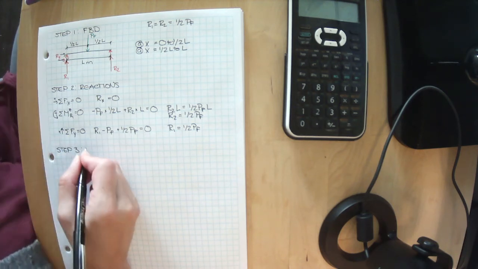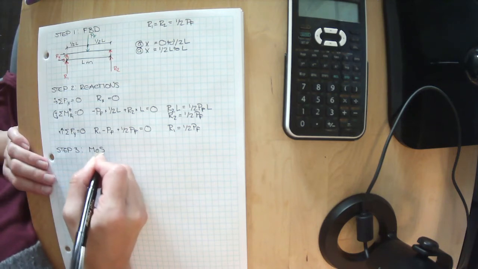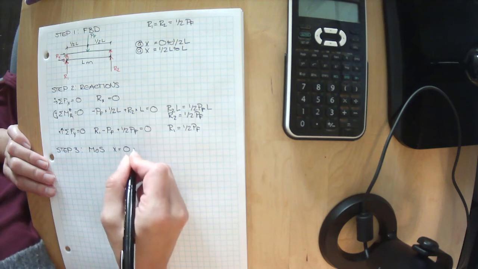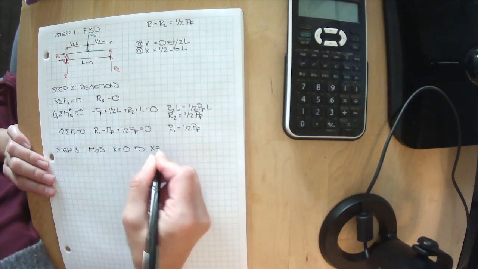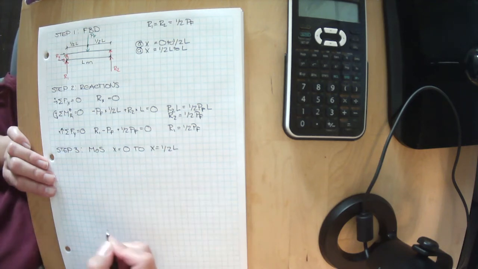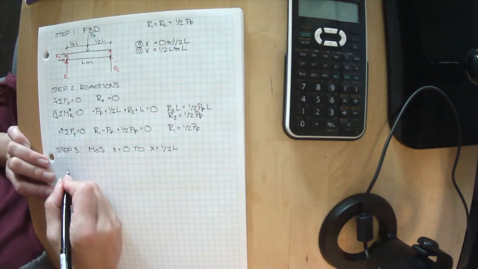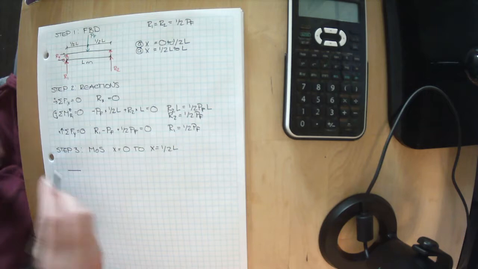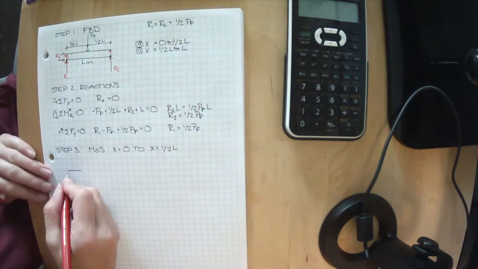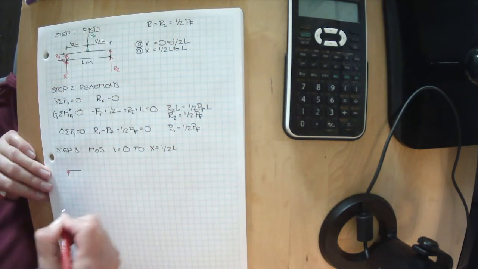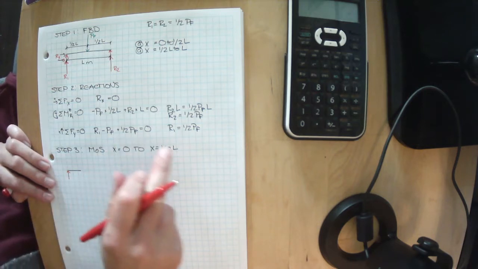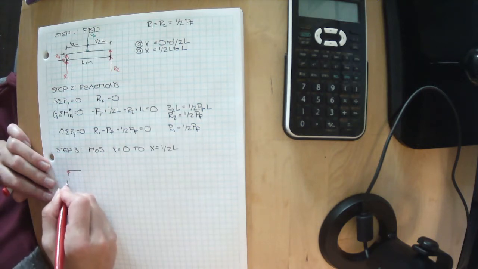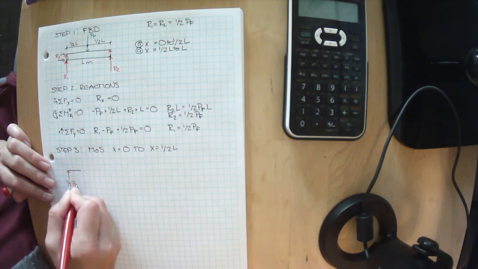Step 3, method of sections for X equals 0 to X equals 1/2 L. All right, here's my cut, the section that I'm going to look at. I know that for this thing not to be moving, I have a reaction here, R1, but I've already proven that R1 equals 1/2 PF.